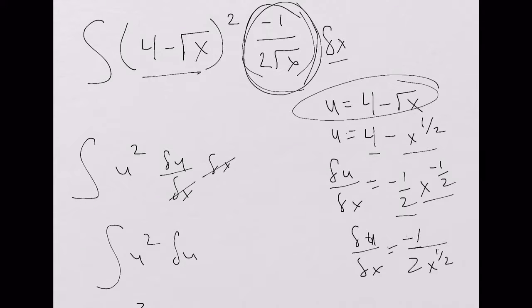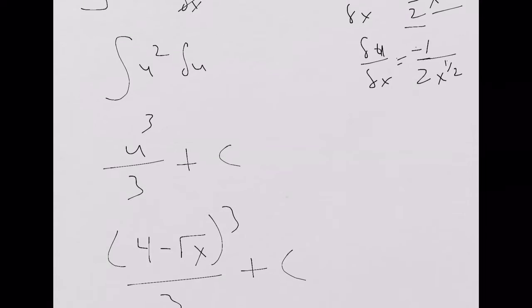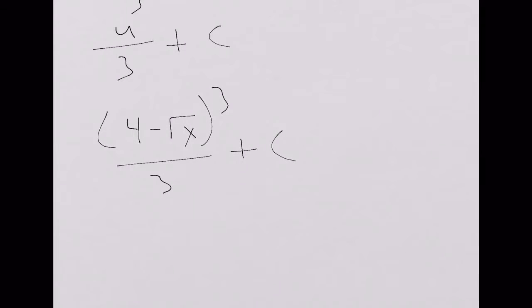And we know that u equals 4 minus root x. So 4 minus root x cubed over 3 plus c. And if we take the derivative of this, we should get exactly what we started with. So that's a way you can always check to see if you've done it correctly.